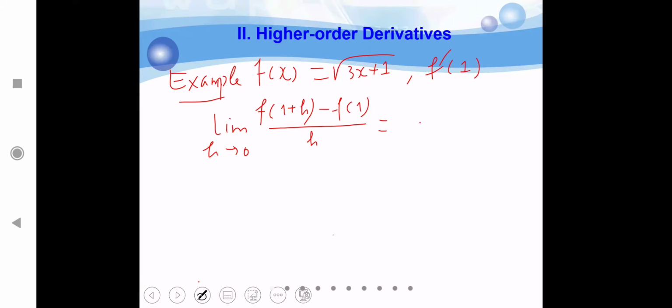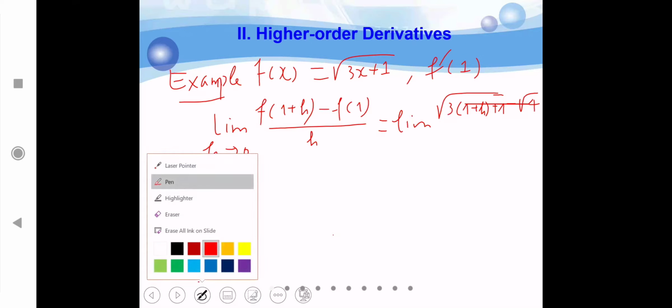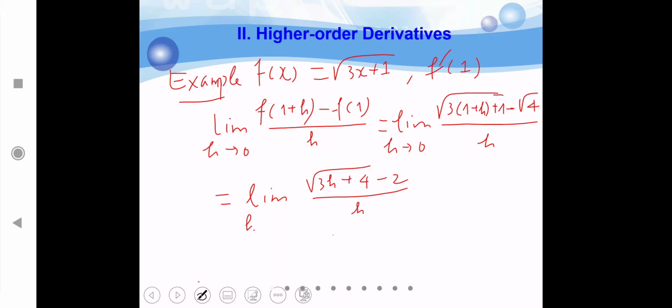And equal the limit of (square root of 3 times (1 plus h) plus 1 minus square root of 4) over h when h tends to 0, and equal the limit of (square root of 3h plus 4 minus 2) over h when h tends to 0.